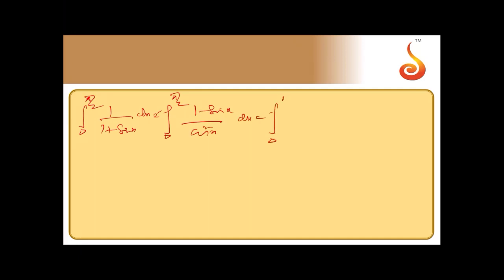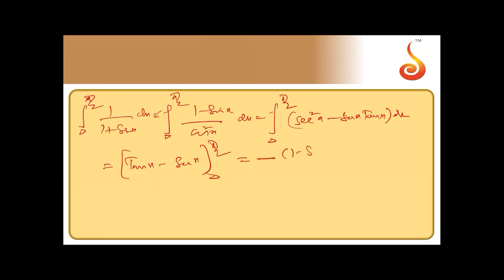It is the integral of secant square x minus secant x tan x, and therefore the integration is nothing but tan x minus secant x, with limits from 0 to pi by 2. On simplifying, taking minus common, this is 1 minus sine x by cos x.